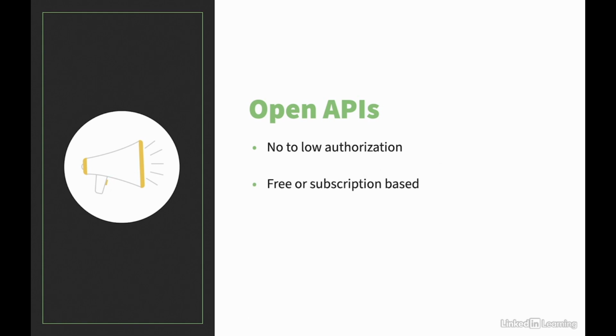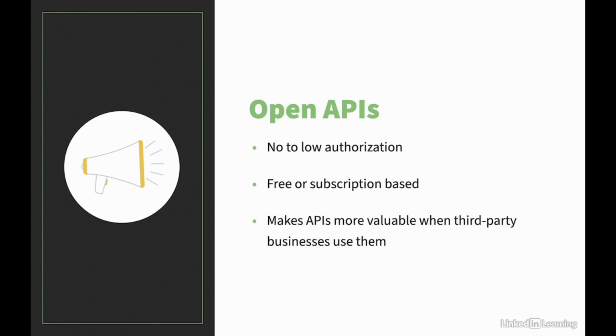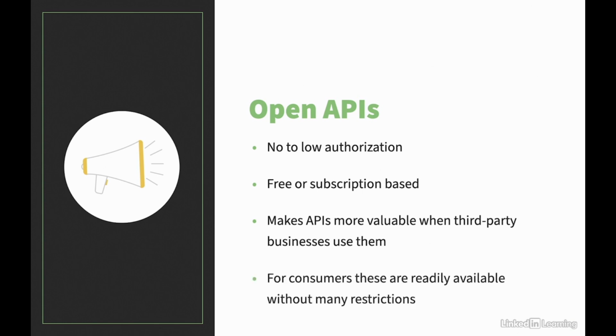So what's the advantage for the business that owns these APIs? Their data is made available to other third party businesses or developers, which makes their APIs more valuable. When we think from the developers' or other business's perspective, the data is readily available with very few restrictions.